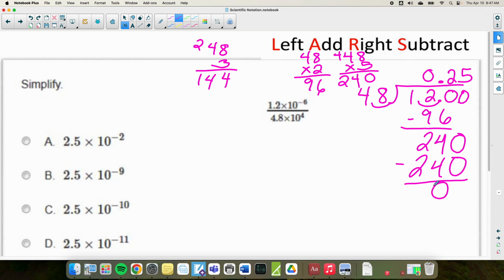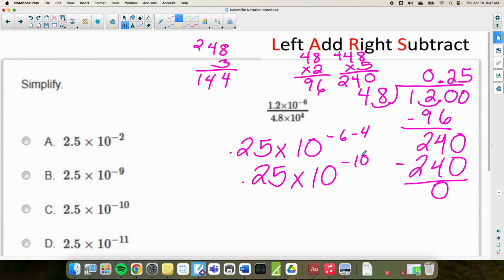So our decimal is 0.25 times 10. What would you get when you do these exponents? Would you go -6 plus 4 or -6 minus 4? Yeah, and -6 minus 4 is -10, so 0.25 times 10 to the -10th.